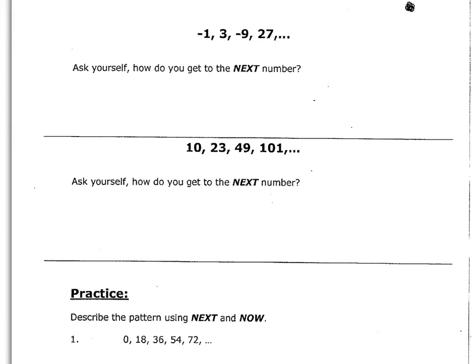So this time our pattern is negative 1, 3, negative 9, 27. And you'll notice it goes from negative to positive to negative to positive. So that should key us that we're multiplying by a negative number for our pattern. We just have to figure out what that is. So we have next equals now, and then we have to multiply by what?